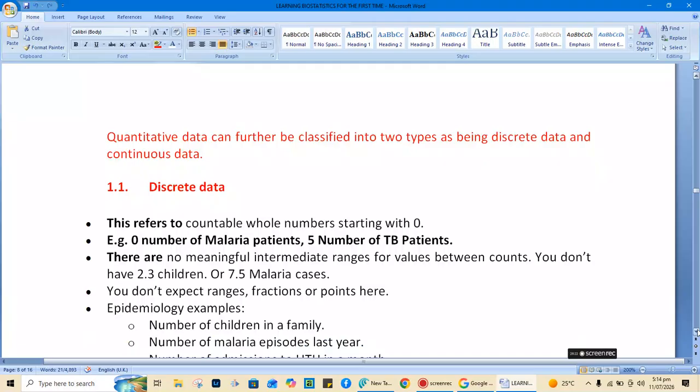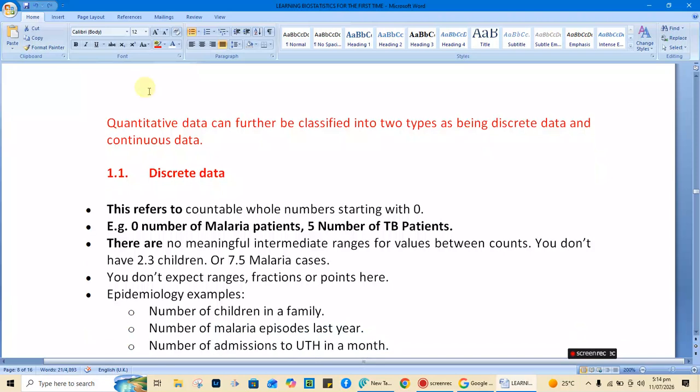There is the kind of quantitative data that gives you whole numbers. For example, if you ask someone, how many children do you have? They are going to tell you, maybe I have 0 children. So 0 becomes discrete data.